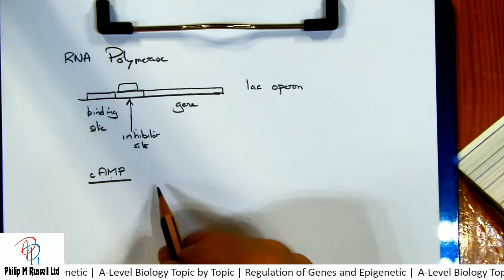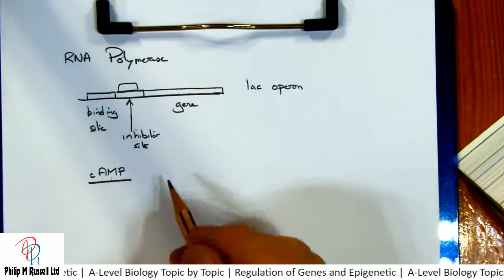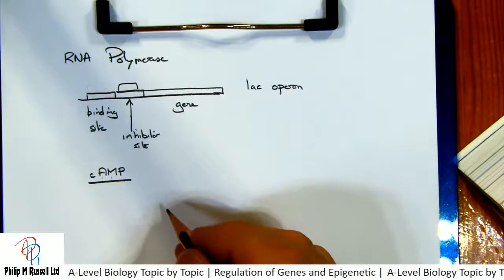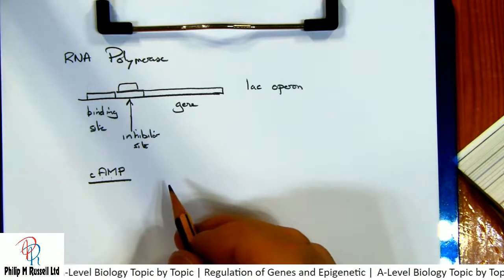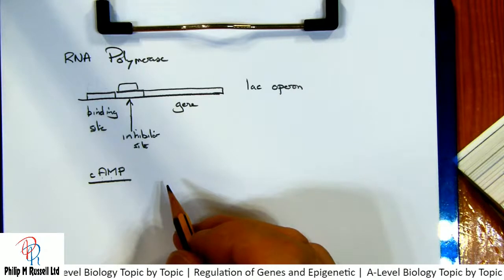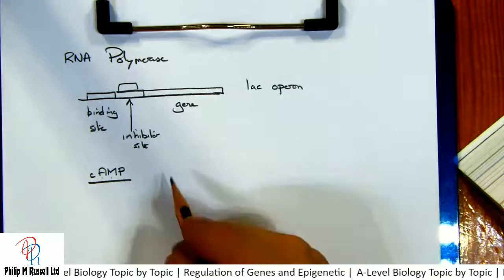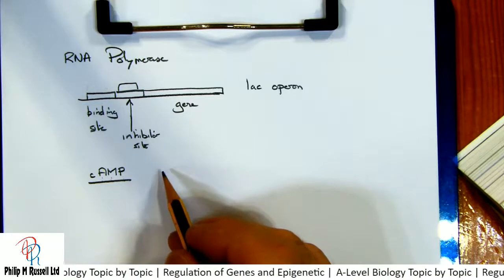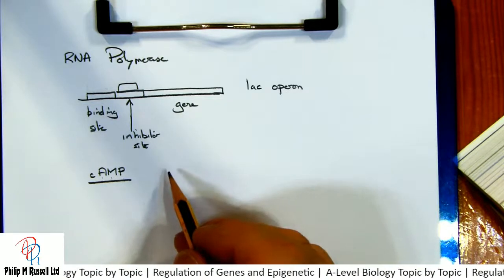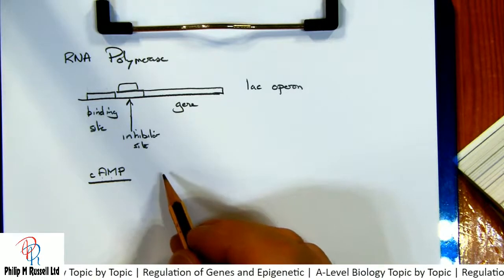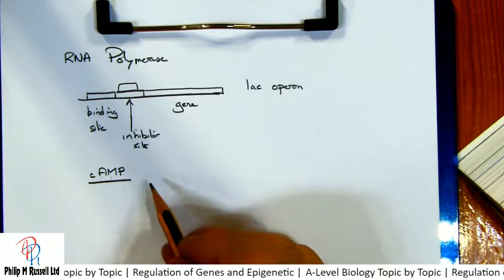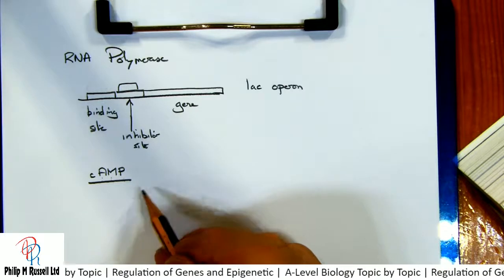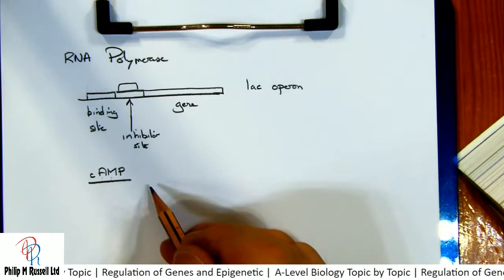So we can find that perhaps if we look at something like the transport of glucose in something like E. coli, the transport of glucose will decrease the levels here of cyclic AMP, which will then reduce the transcription of all the genes responsible for the metabolism of things like lactose.